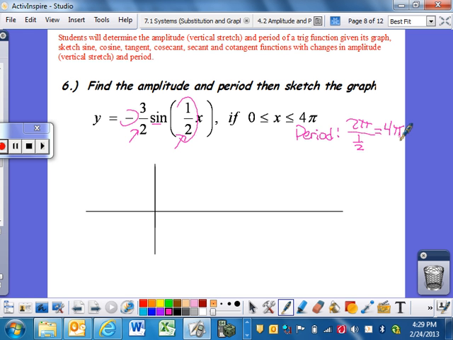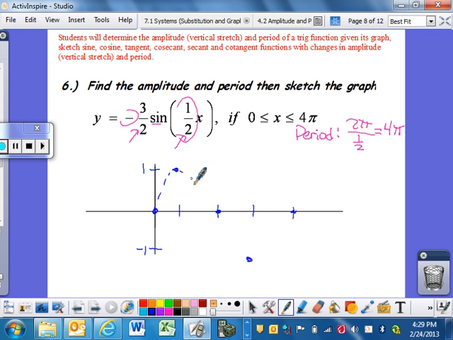Okay, awesome. So if I do this, I can set this up without worrying about my amplitude at all. I'm going to say, hey, the original sine curve, regardless of my amplitude right now, would be starting at 0. I would go up, I'd come back down, I'd go all the way down, and I'd be back at 0.